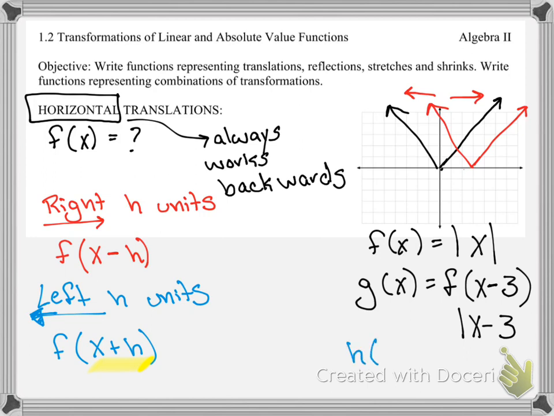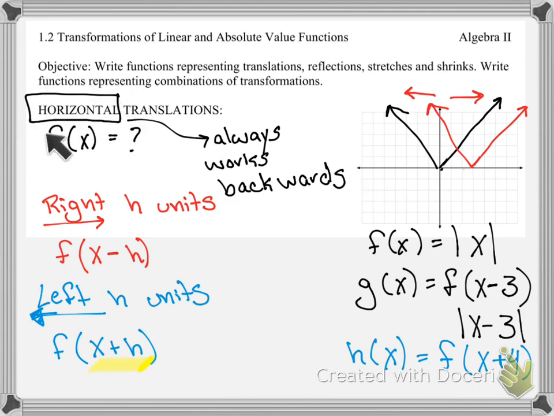So here, if I wanted to move this to the left 4 units, I forgot the absolute value on this one. All right, scratch that. If I wanted to take this original function, my f function, and move it to the left 4 units, I would need to add 4.